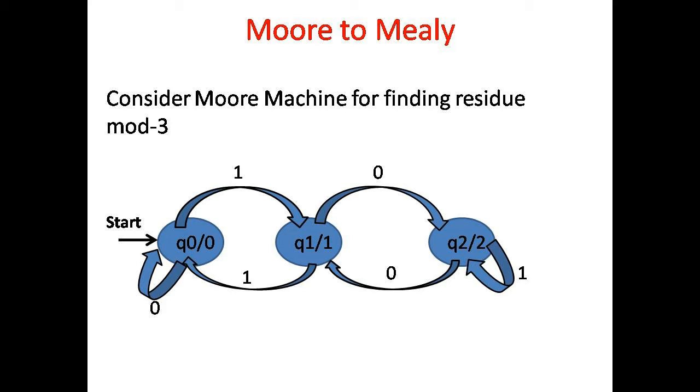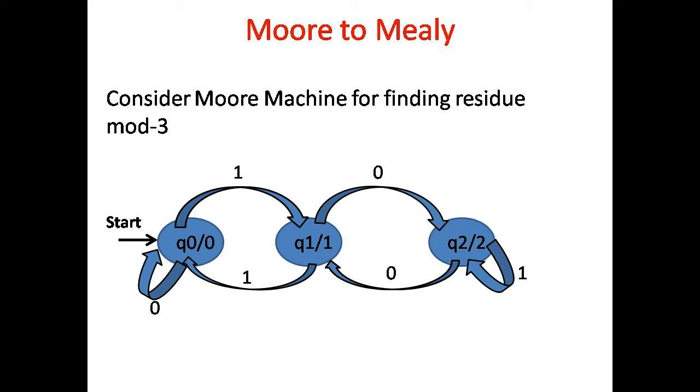Now we will discuss an example of Moore to Mealy conversion. The example is to consider the Moore machine for finding residue mod 3. In the previous video, we already constructed the Moore machine for residue mod 3.